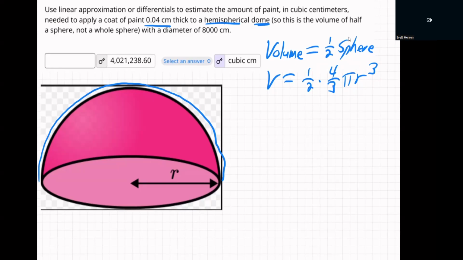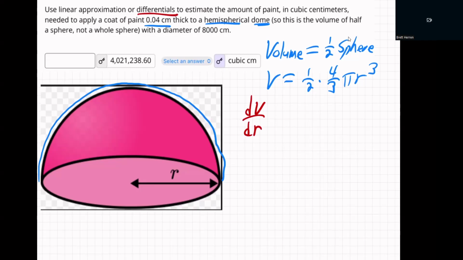So there's the volume formula, and we want to know how the volume of paint changes as you put a layer of paint all the way around it. The volume's going to grow. So really we want the derivative, don't we? We want dV/dr, and we know it says differential, so that's obviously the big clue.